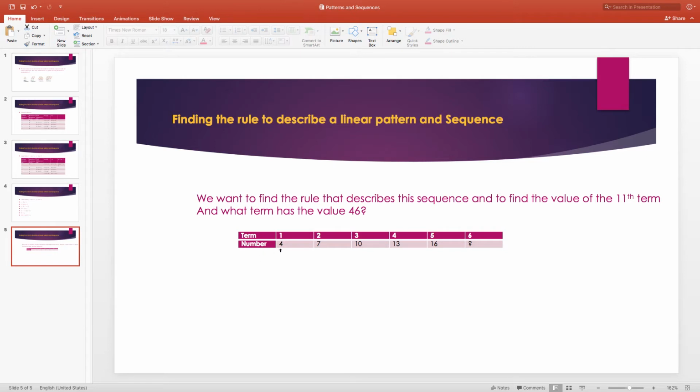This time we've got a sequence. So term 1 had 4, term 2 7, term 3 10, and so on. And we want to find what rule would describe the value for any term. So again, we go ahead and just make a table of differences.